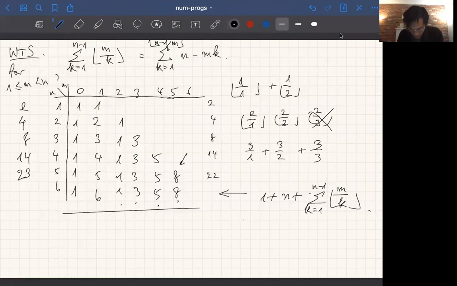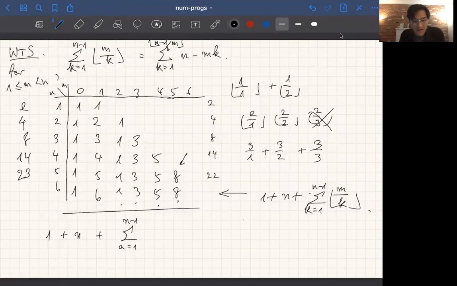Okay, so let's spell it out. The number of arithmetic progressions on 1 through n is 1 for the empty progression plus n for the progressions of length 1. So there's no step size to speak of. And then we sum over all a equals 1 through n minus 1.